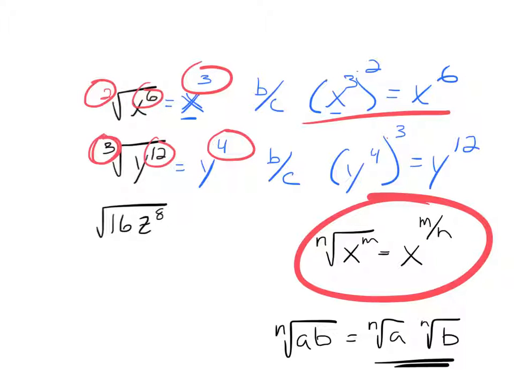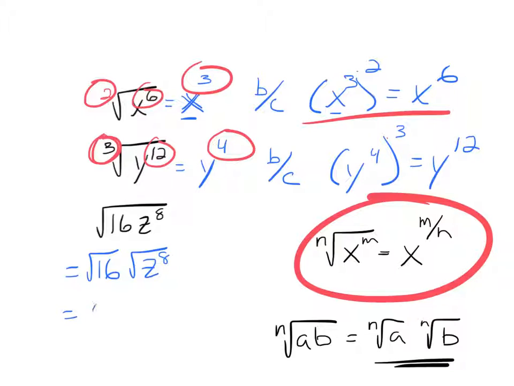That's really important. What that means is that in this example right here, where I have the square root of 16 times z to the 8th, I don't have to think about all this at one time. I simply can think about the square root of 16 and the square root of z to the 8th, which we've covered in these last examples.